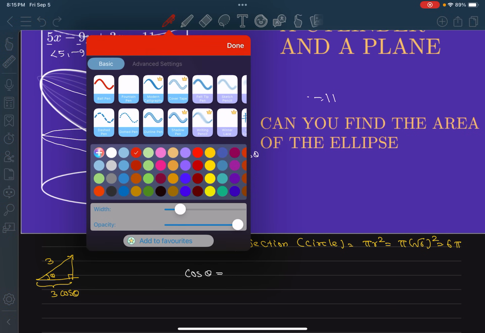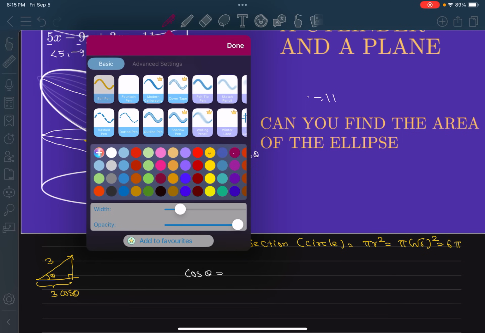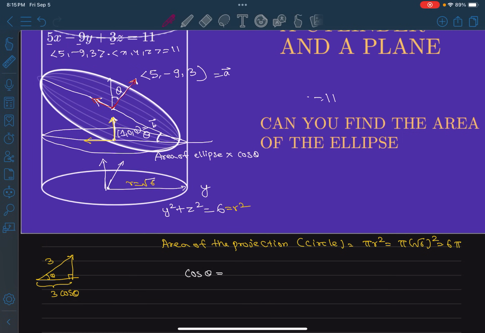Corresponding to this red line, this is perpendicular to it, and corresponding to this line, this is perpendicular to it. So if the angle between these two lines is theta, then similarly the angle between their perpendiculars will also be theta. Using that theorem, it's enough to find the angle between these two normals.